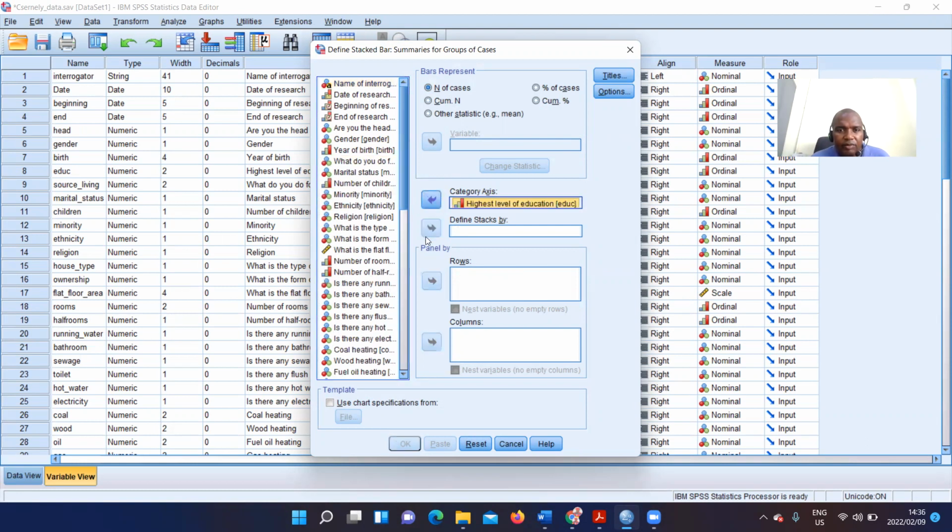The highest level of education, and the definition will be the gender. You can have gender being the definition, and then we have percentage. There you can have number of cases if you want.